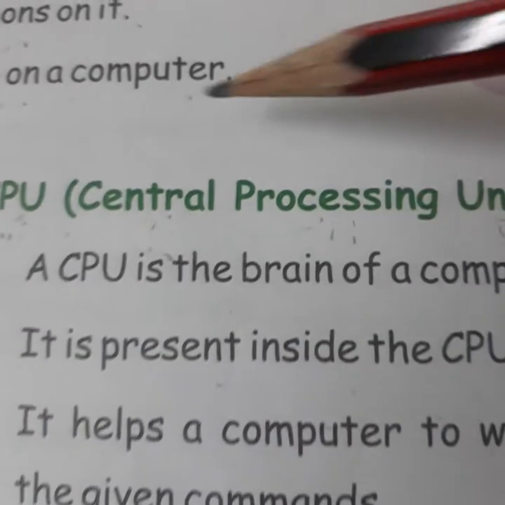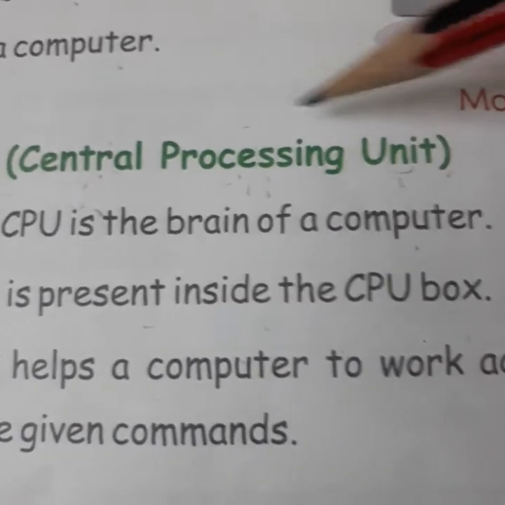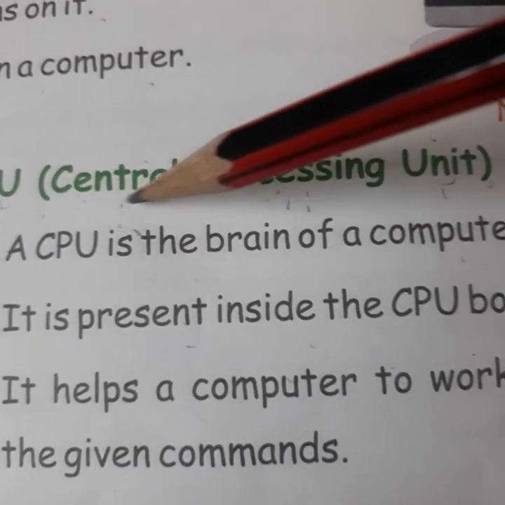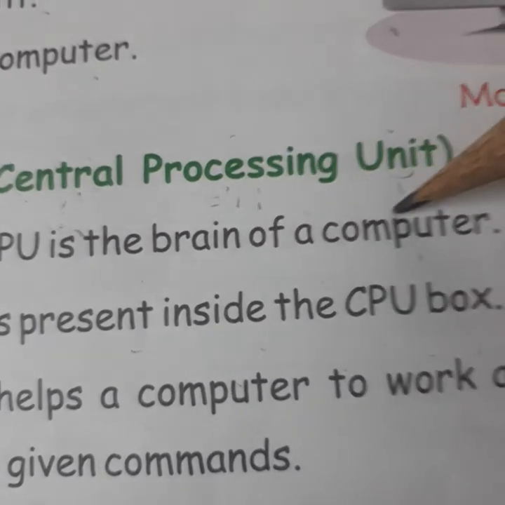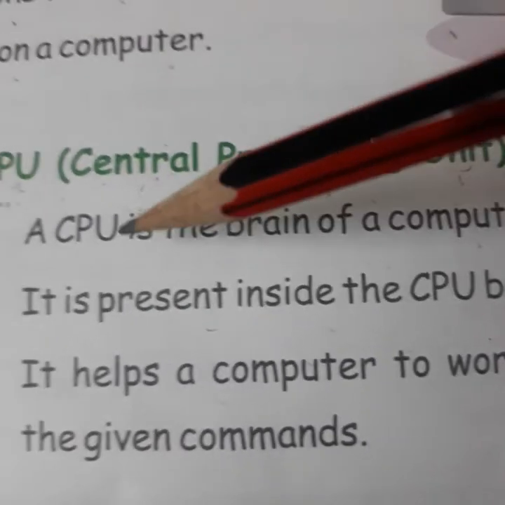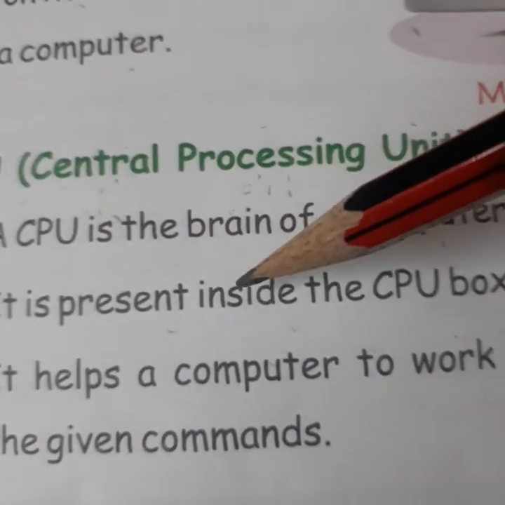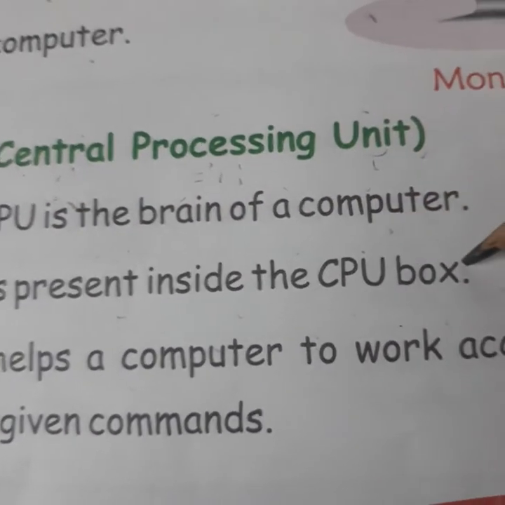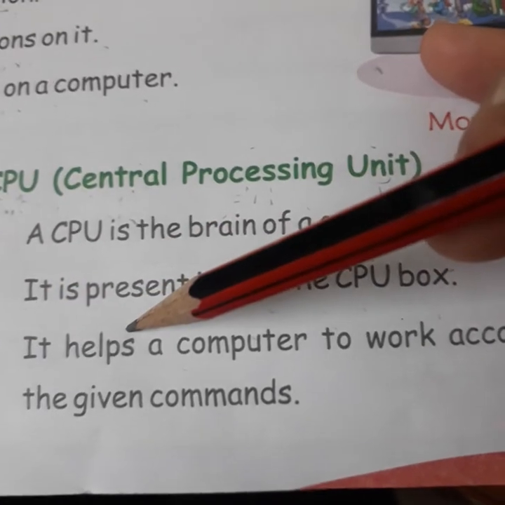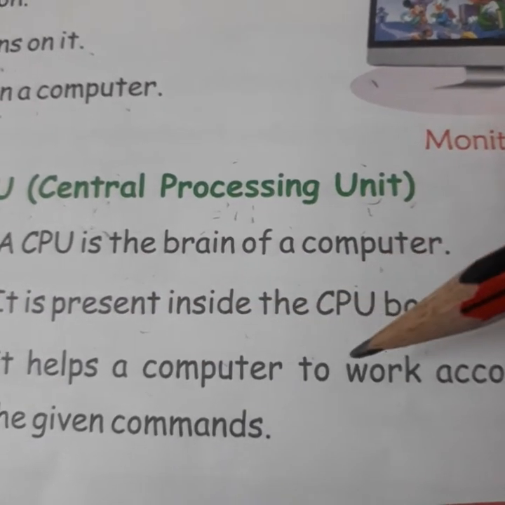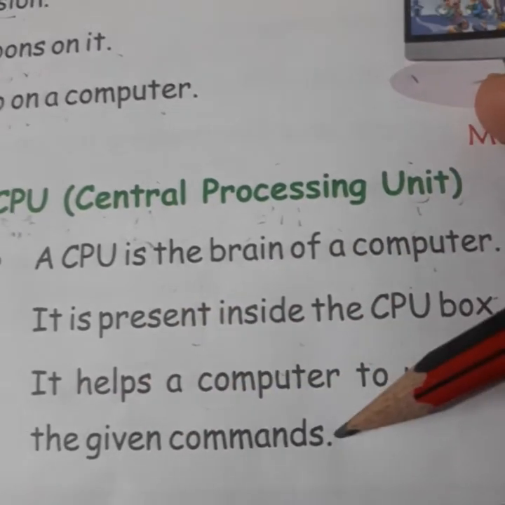Okay, now let's read about CPU. Central processing unit. A CPU is the brain of the computer. It is present inside the CPU box. It helps a computer to work according to the given commands.